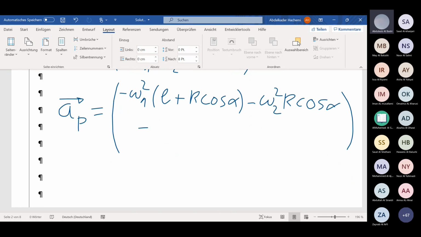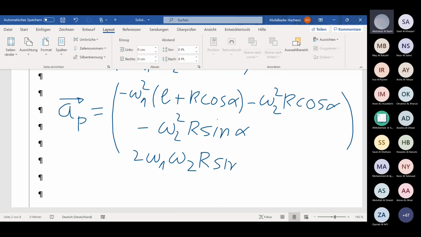And here we have minus omega 2 square R sine alpha, and the third component is 2 times omega 1 omega 2 R sine alpha.